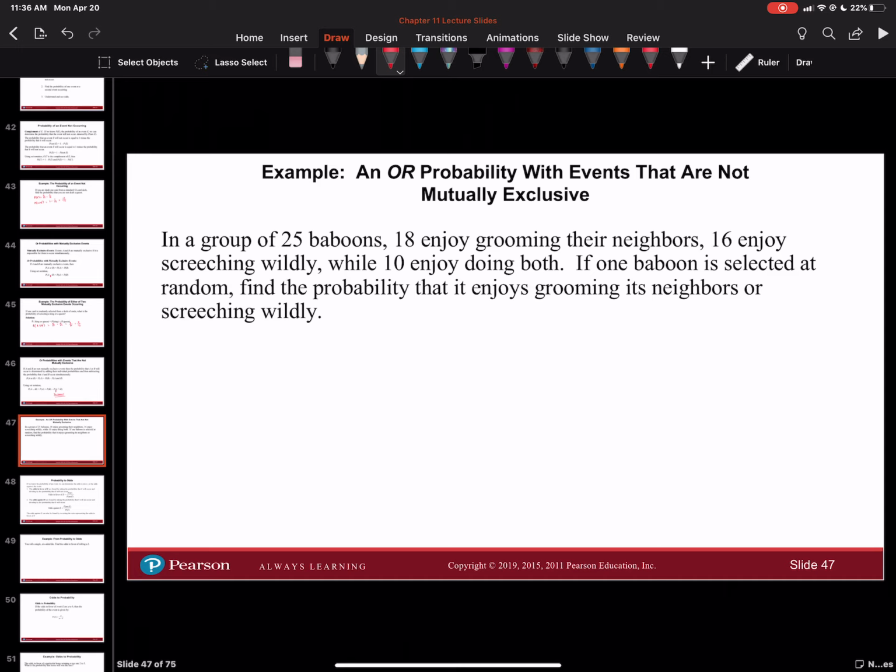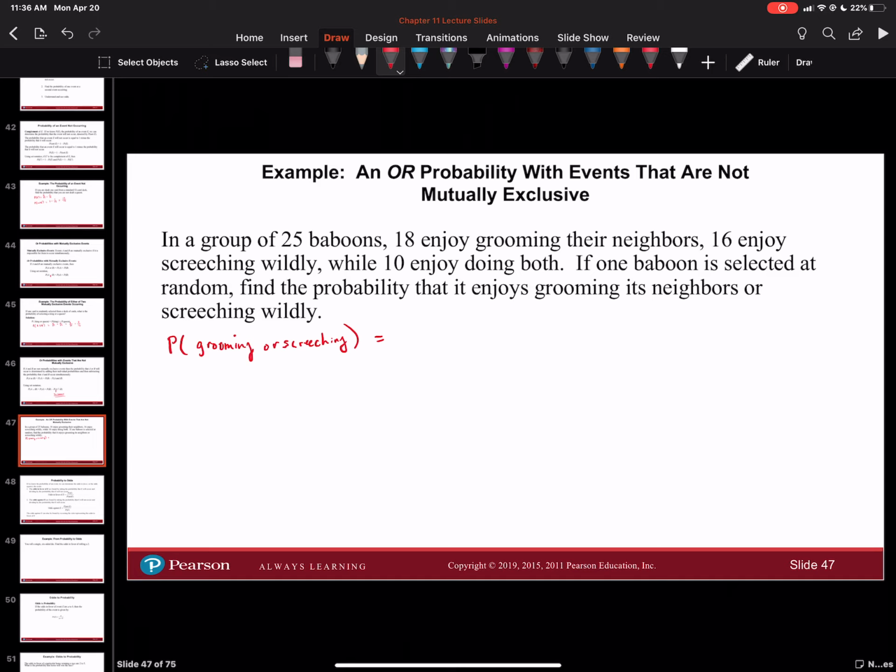So, I'm going to say, if we look at everything, the probability of grooming or screeching is equal to, now, if we look at it, we're looking at the probability of grooming, which would be what?